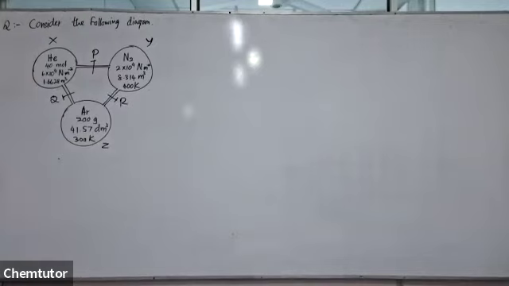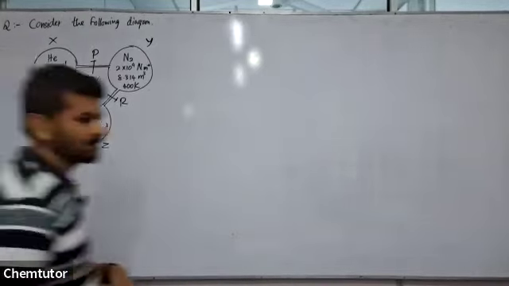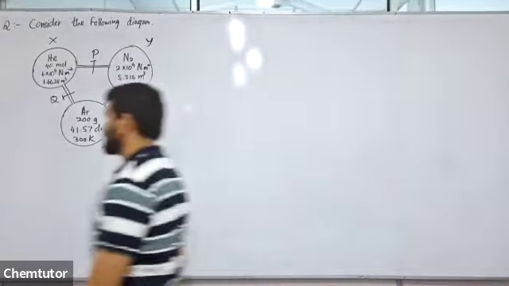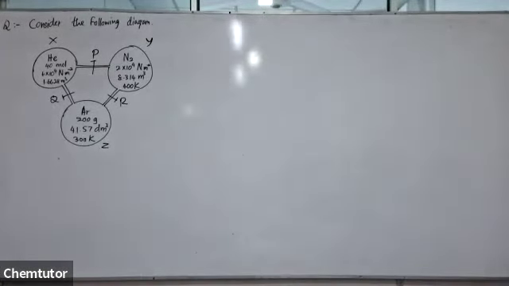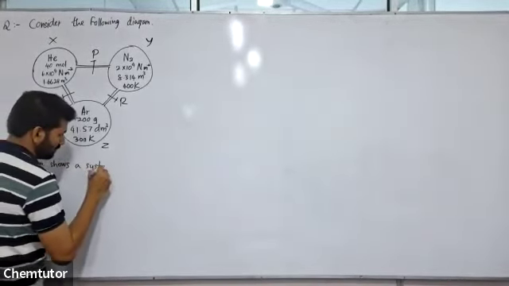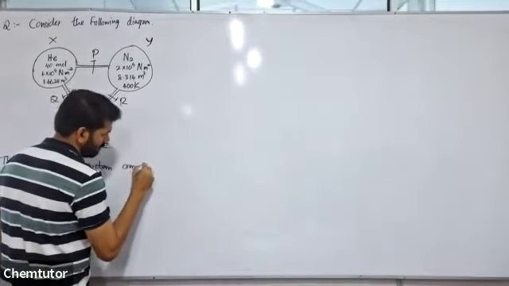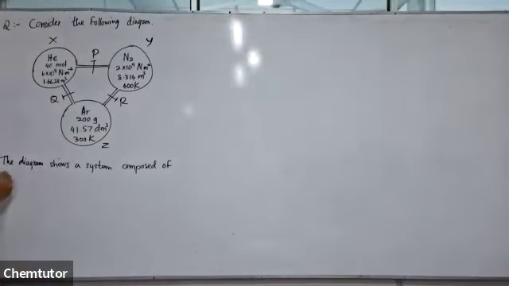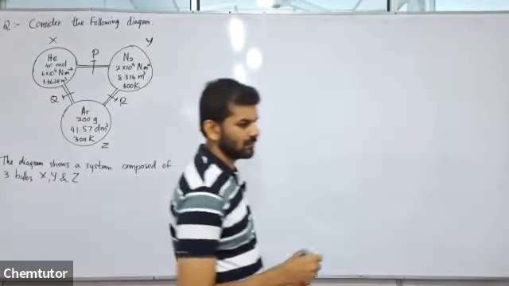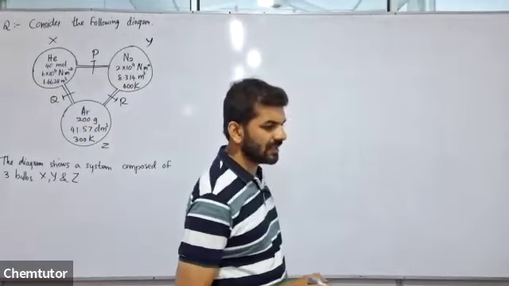There is another question. The diagram shows the system composed of three bulbs X, Y, and Z, which contain helium, nitrogen, and argon.